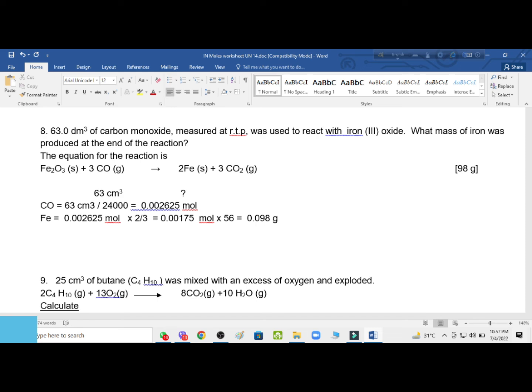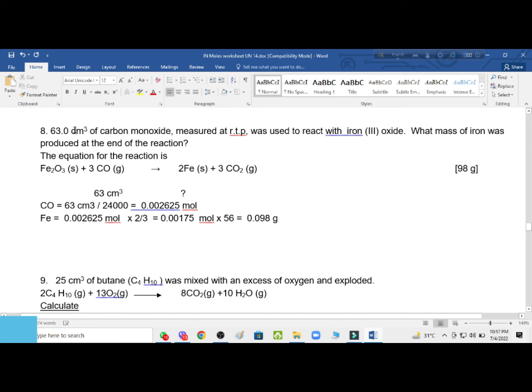Right. Oh, I got the reason. I got a mistake here. This was given dm cube, not cm cube. Okay. If this is dm cube, you have to multiply with just 24. Okay, not 24,000 cm cube. And then 63 divide 24, this gives 2 point something.